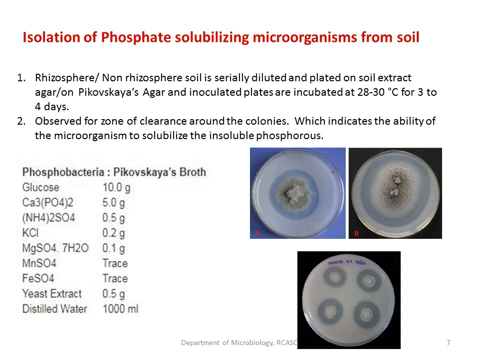Hence such strains can be subcultured, purified, identified, and used for mass production and application onto the field. So this is how the isolation of phosphate solubilizing microorganisms from the soil can be done. The media which we can use is Pikovskaya's agar.